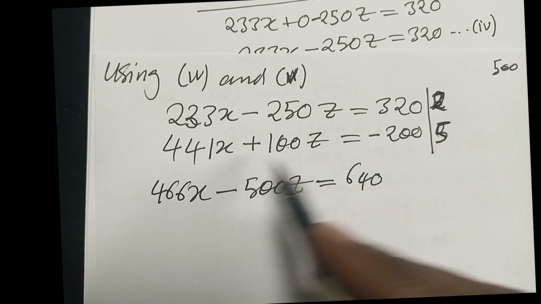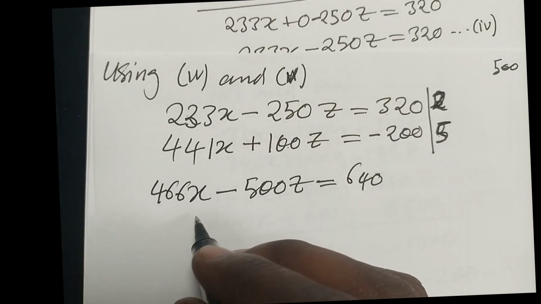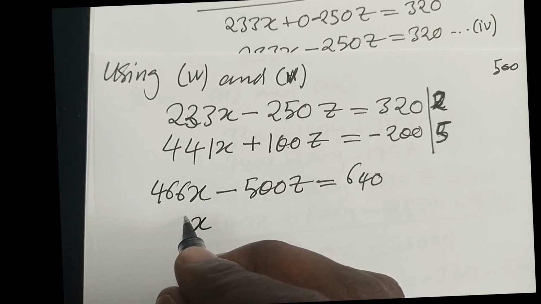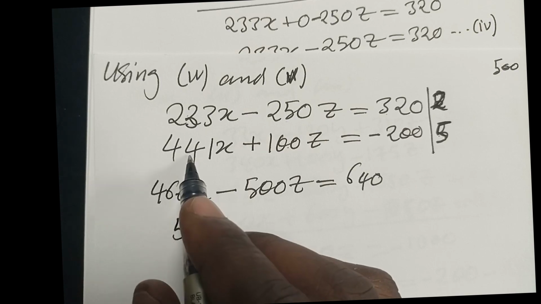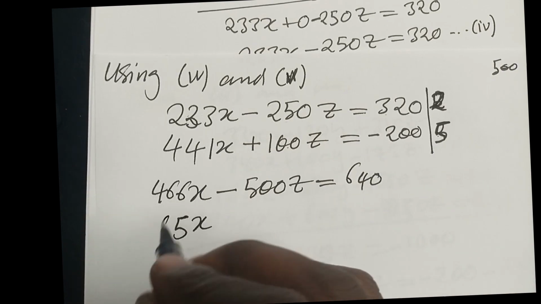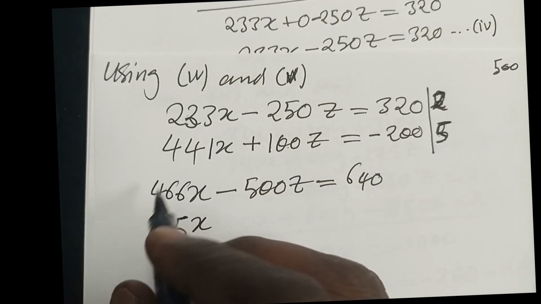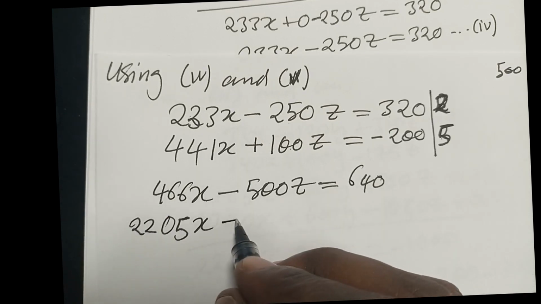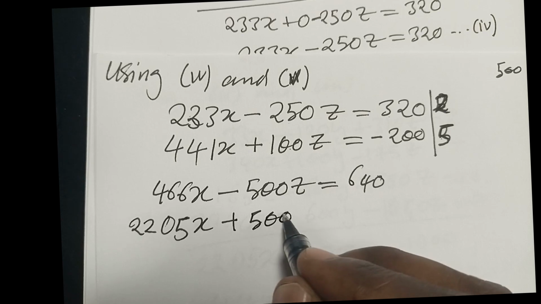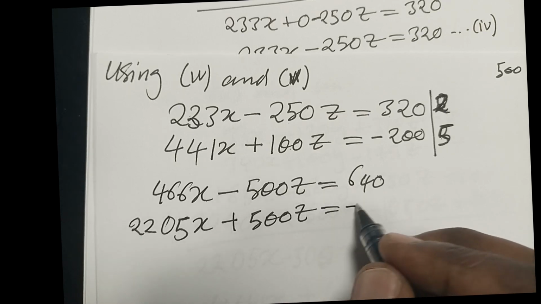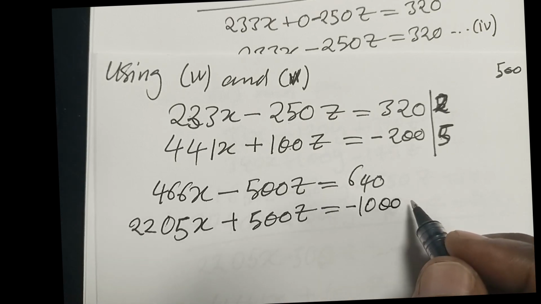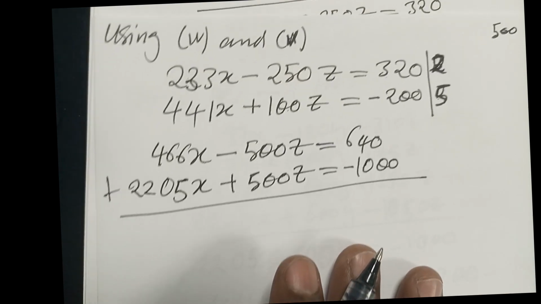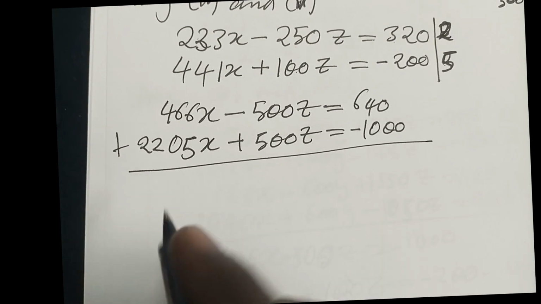And 500 times this, we should have an x there, should be 5. 5 times 4, 20 plus 2, 22. And then plus 500z is equal to negative 1000. Then you add these two equations. What are you getting after adding?